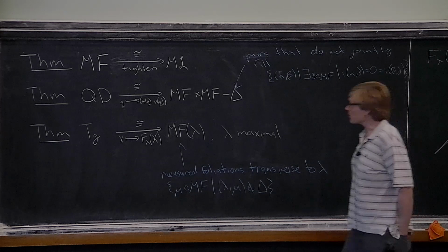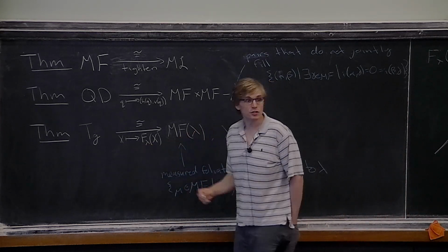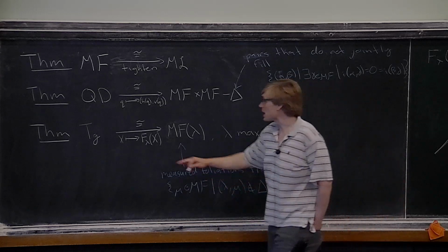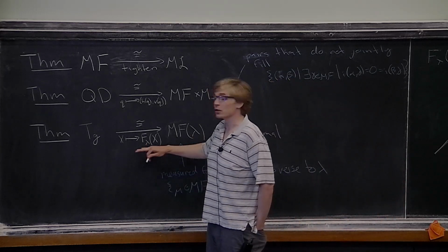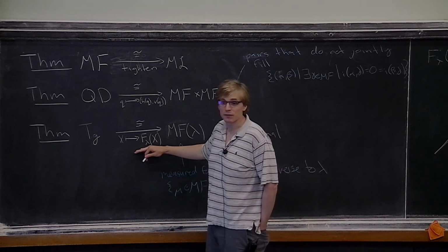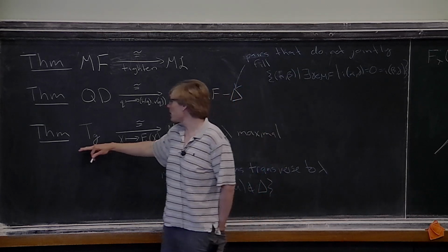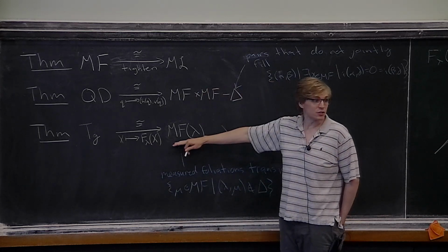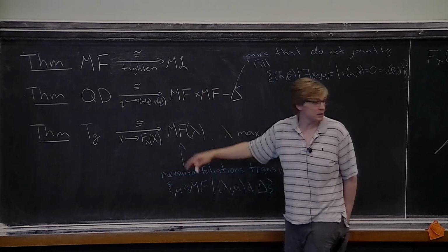And then we introduced the star of the show last time, which is this map F lambda, which requires that lambda be a maximal lamination. So for a fixed maximal lamination, we get a map from Teichmuller space to the set of measured foliations transverse to lambda.